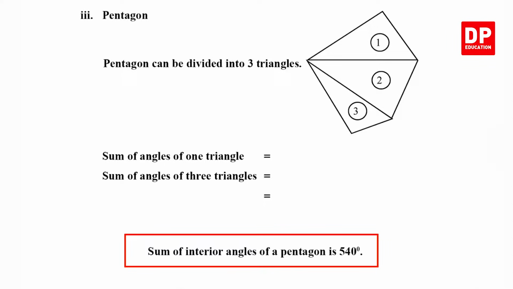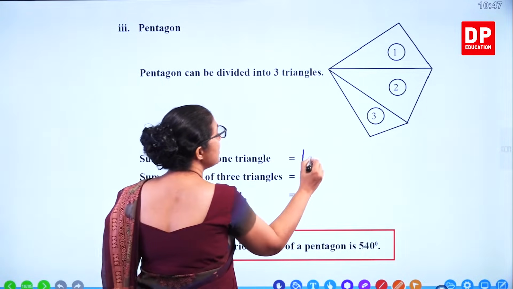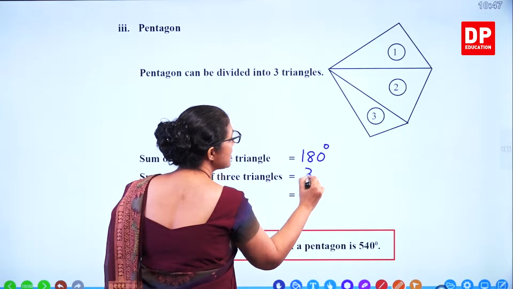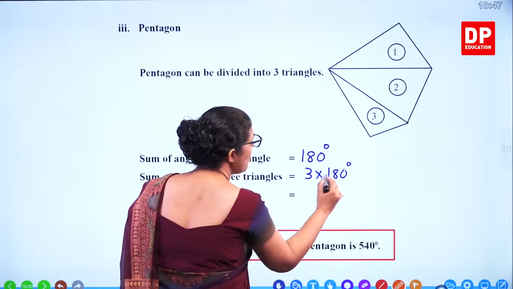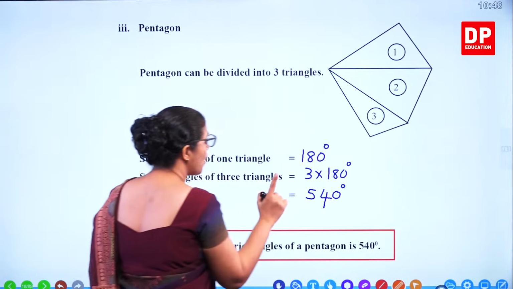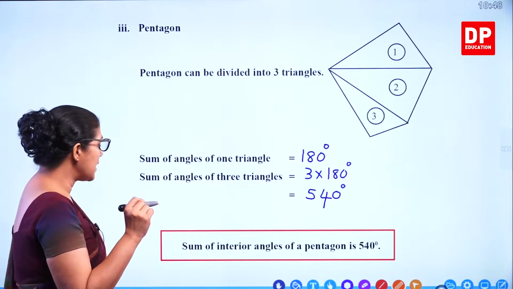A pentagon you can divide into 3 triangles. The sum of angles of one triangle is 180. 3 triangles are there. So 3 times 180 is 540. So what's the sum of interior angles of a pentagon?